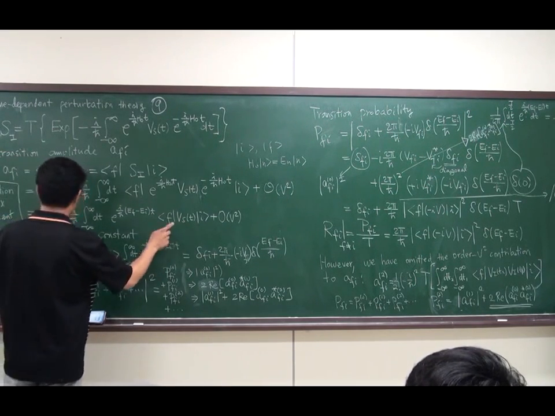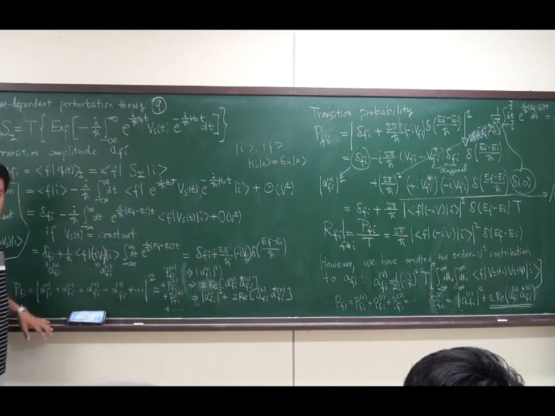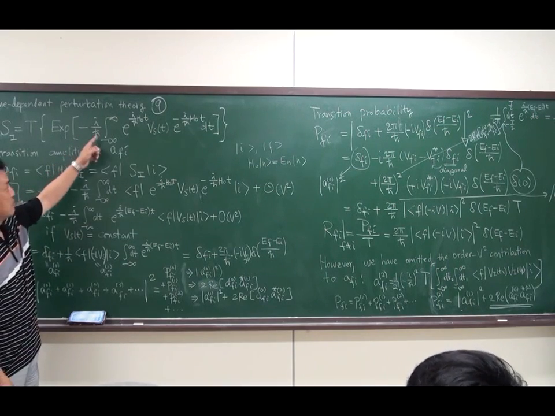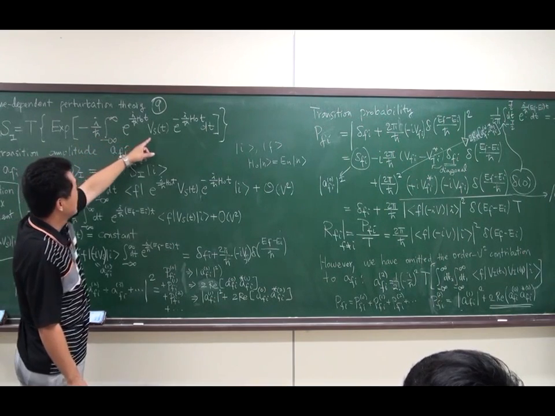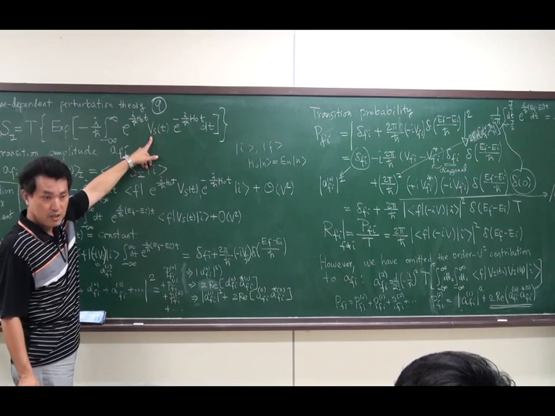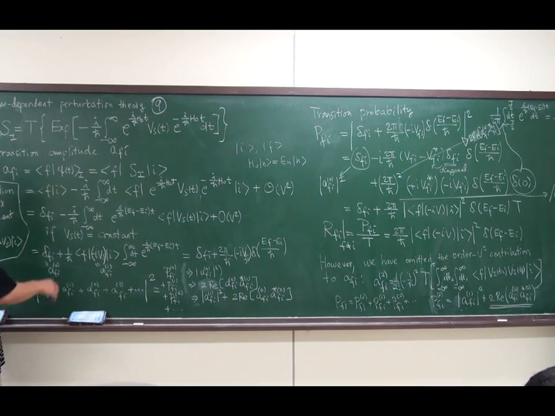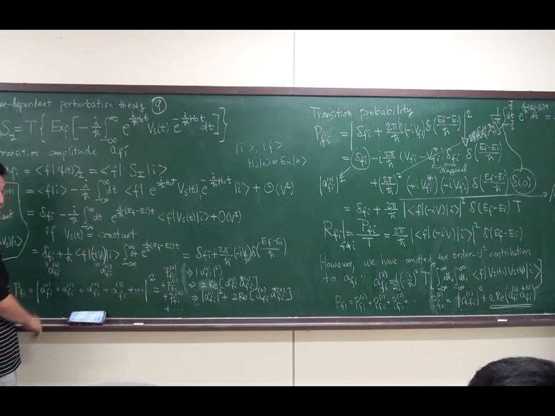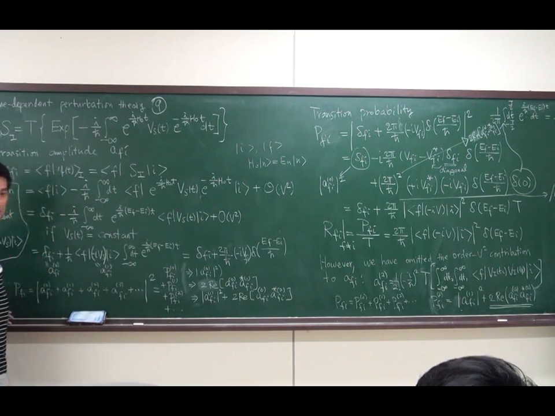So I always have minus i over h bar attached to the potential in the expansion, right? The powers of minus i over h bar are the same as the powers of the potential V. So as a convention, we just attach this minus i to the potential.